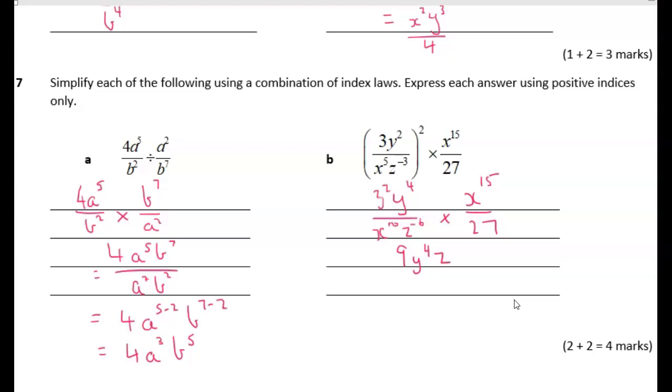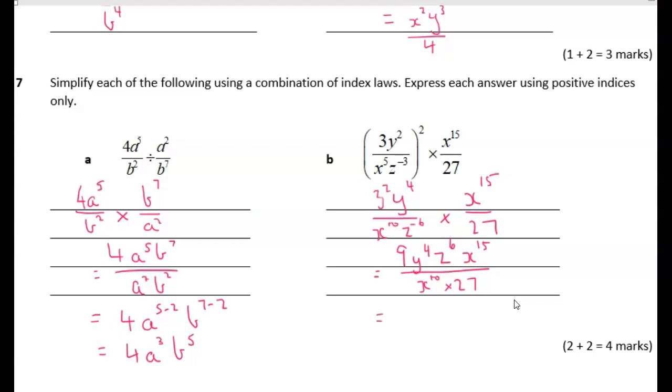So that's z to the power of 6 on the numerator, and then x to the power of 15. Okay, so that z, because it's a negative power, remember it goes from the denominator up to the numerator. All right, and then on the bottom we've got x to the power of 10 times 27. Probably should put that 27 first, but I'll just put it there.